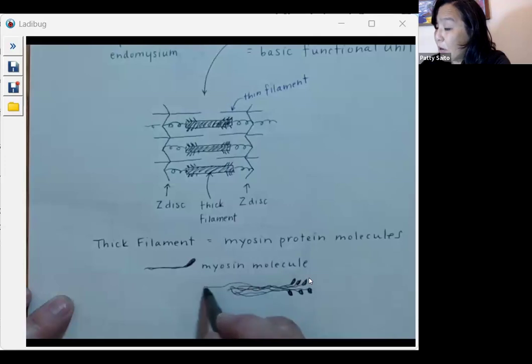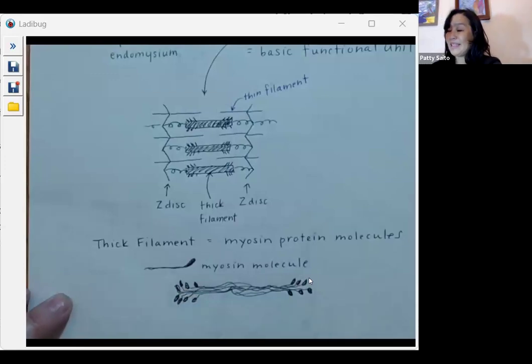And then we have some that go this way. And that's why there's a lot of them, so it makes it really thick. So this is the thick filament made up of a whole bunch of individual myosin molecules.